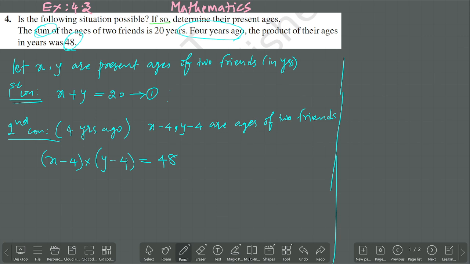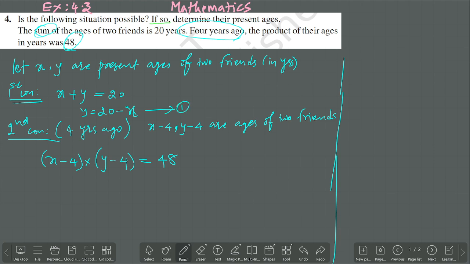Do you understand? Now take the first. From the first you find either x or y, substitute here, and you will get the required result. If I find y here, when you send x to the other side, I am getting y equals 20 minus x. This I will call 1.